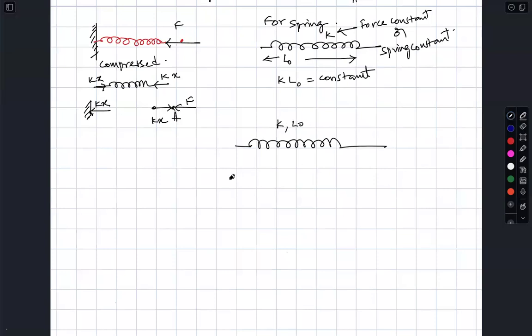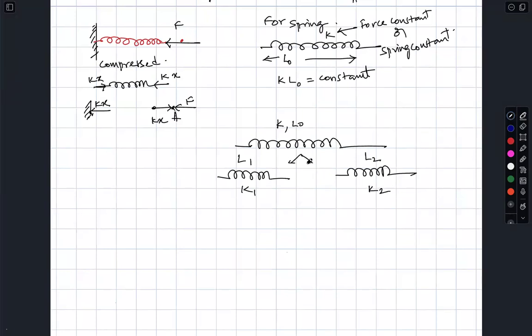Natural length L0. Now you cut this into two parts, L1 and L2. Then the spring constants will change to K1 and K2.